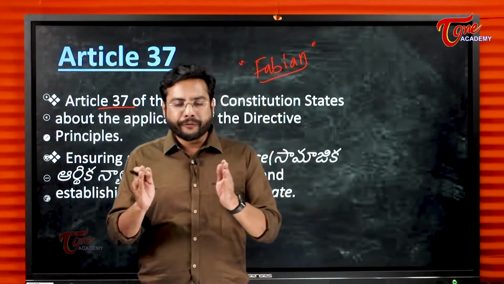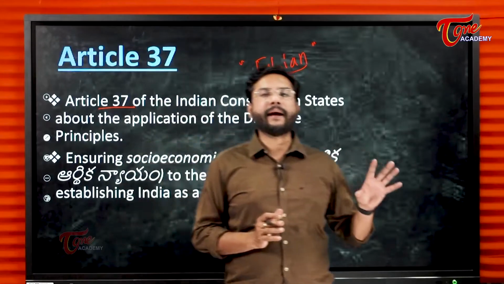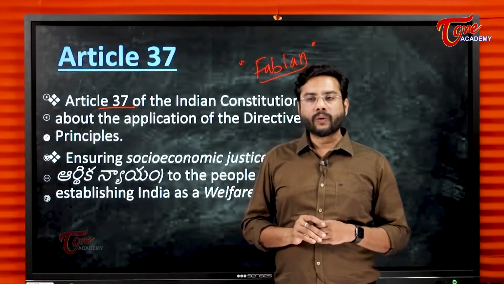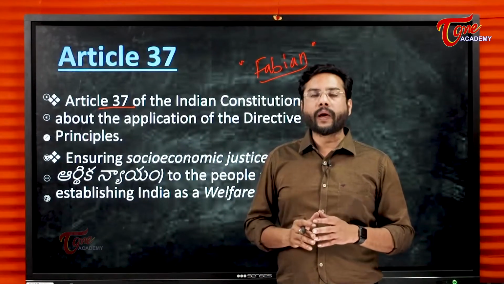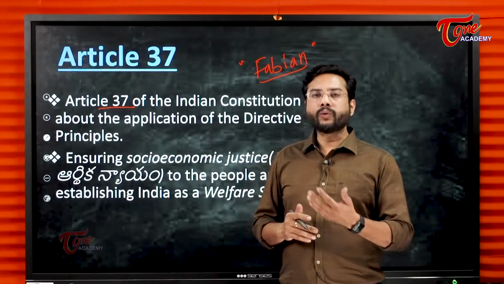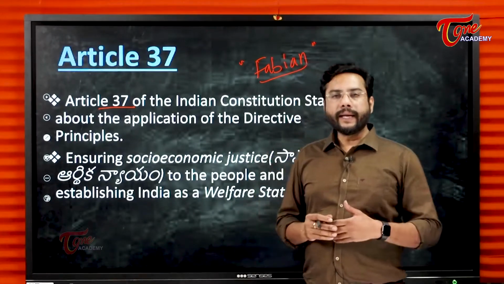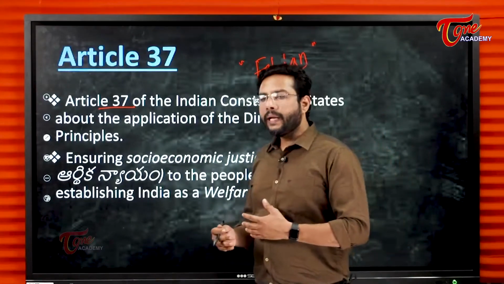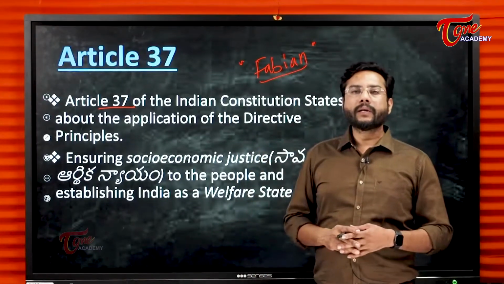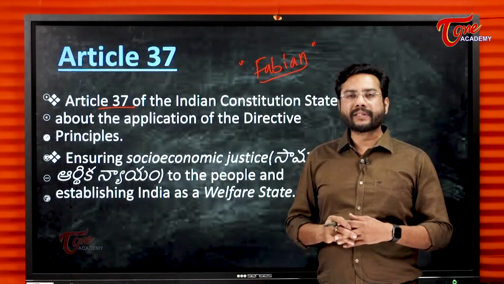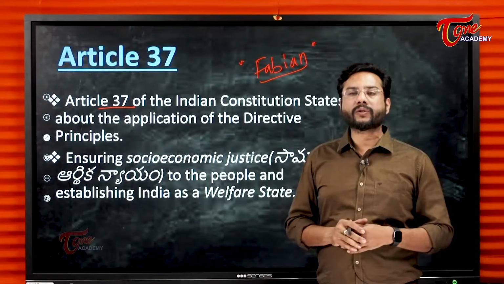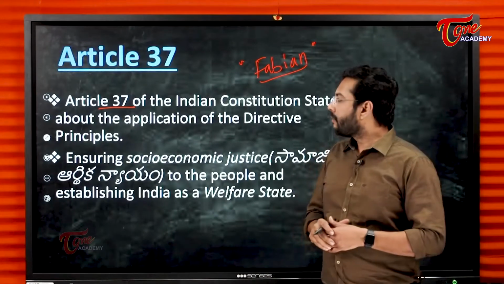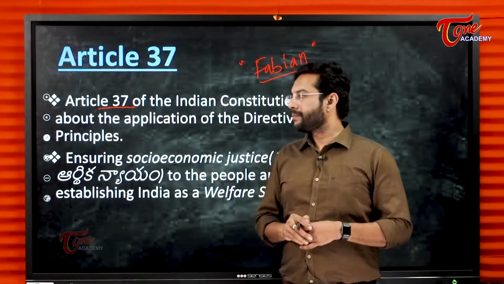There should be a very minimum gap between haves and have-nots. So to reduce inequality, it should be the motive of the government, in its policies and work, to provide basic facilities to every section of the society. So that is Fabian socialism.